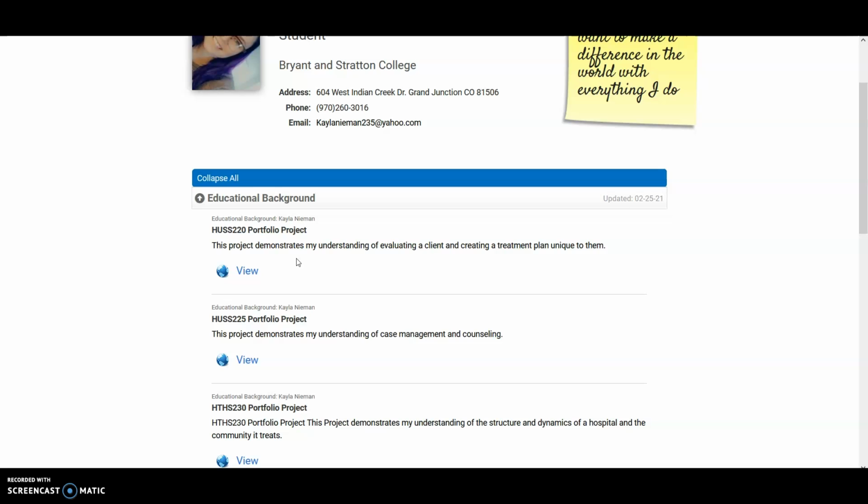The skills and knowledge that I gained through this specific portfolio project, and why they're important for my success in my future career, is without the knowledge that I gained from the completion of this project, I would not be able to assess my clients' individual needs and figure out a plan that would work best for them.